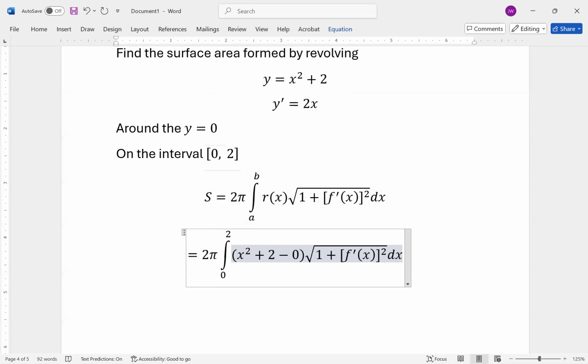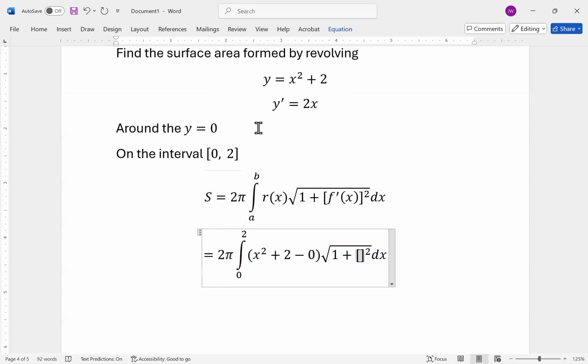So basically my radius is going to be x squared plus 2. The derivative of my function is 2x.